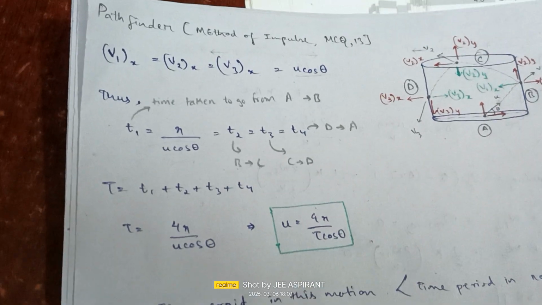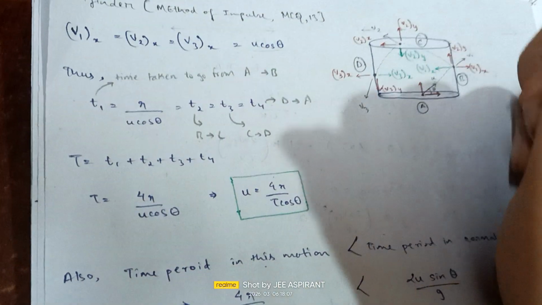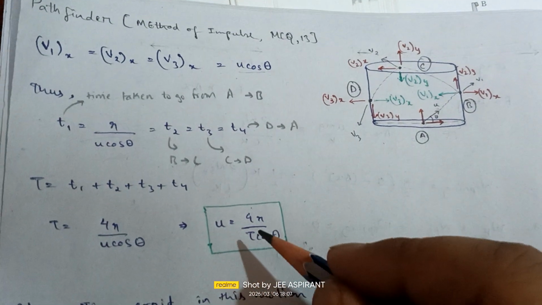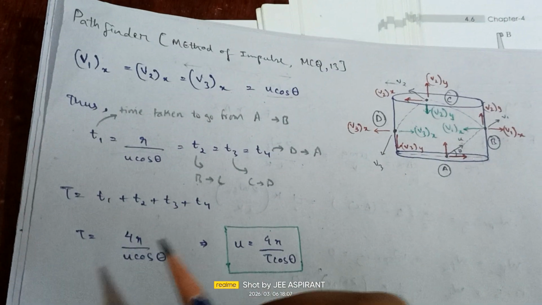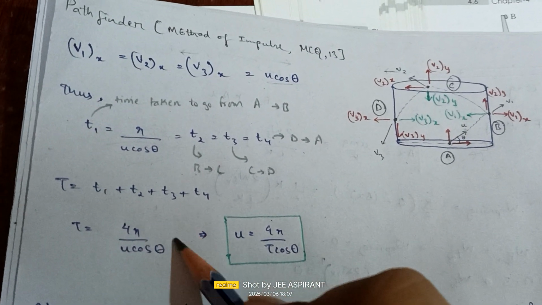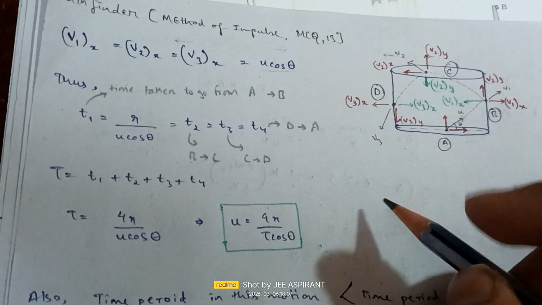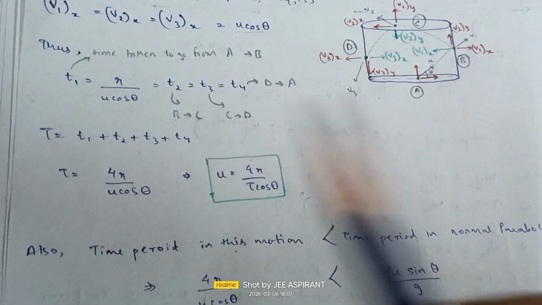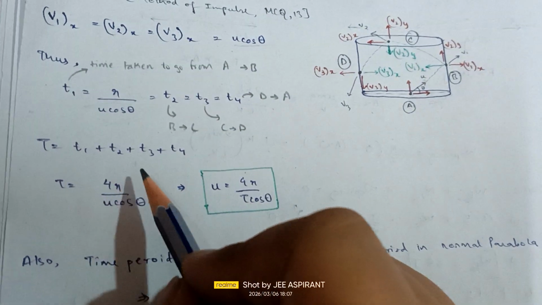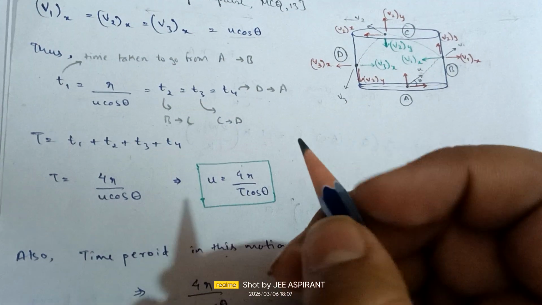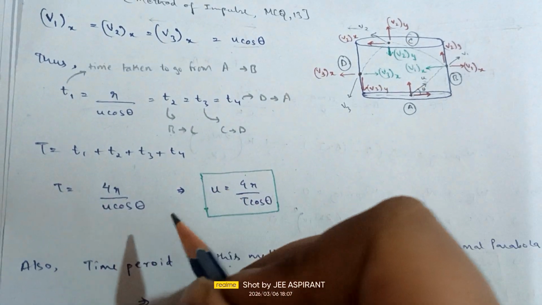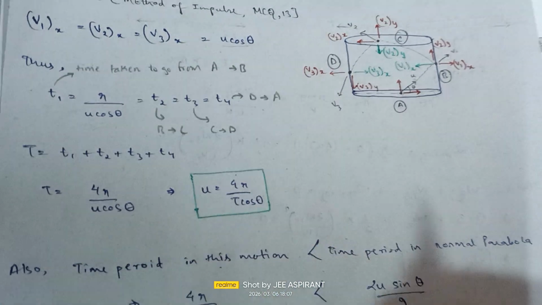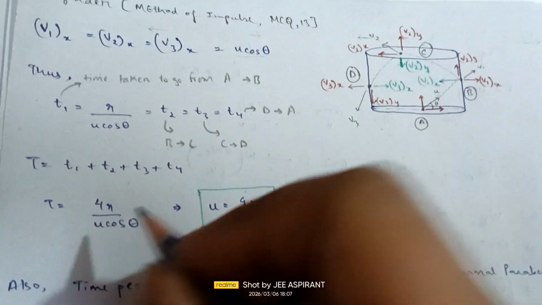If you come to the depth of this question, by looking at this equation you might think, why can't we just consider it as a full parabolic path with range 4r? Then t equals range divided by the velocity in the x direction, and the answer would come.